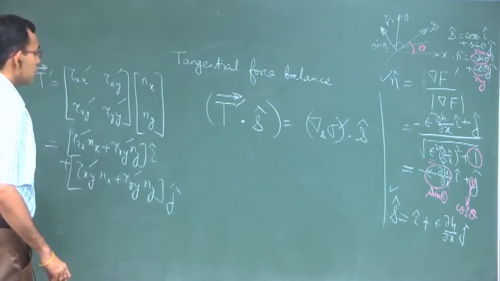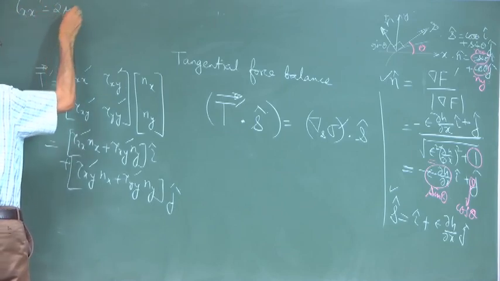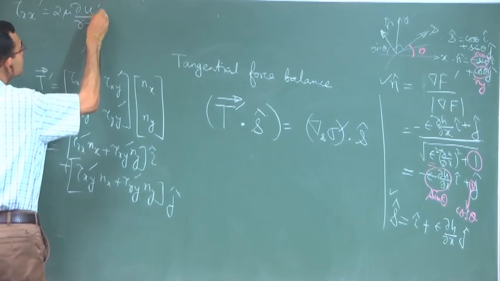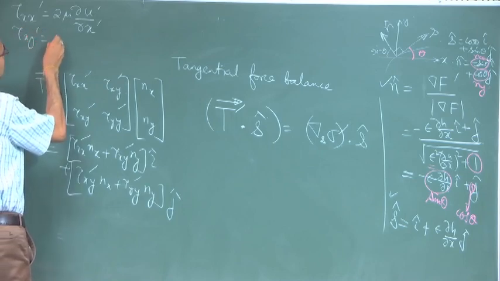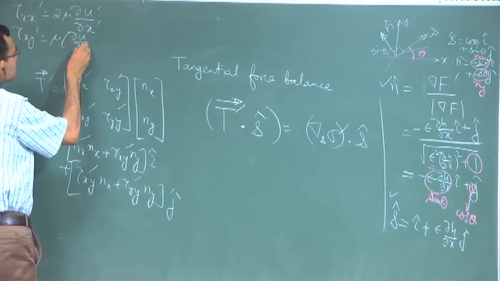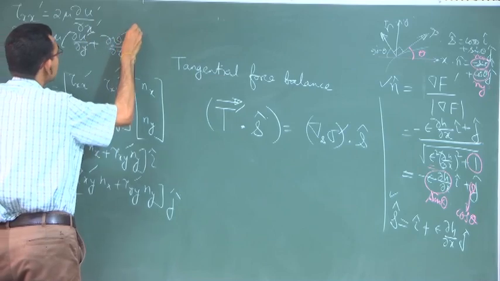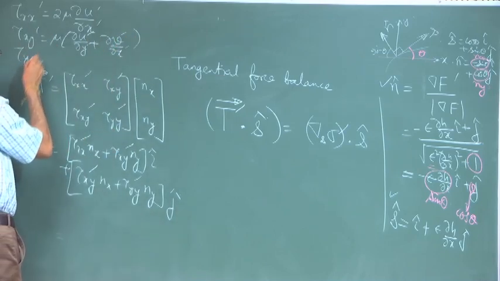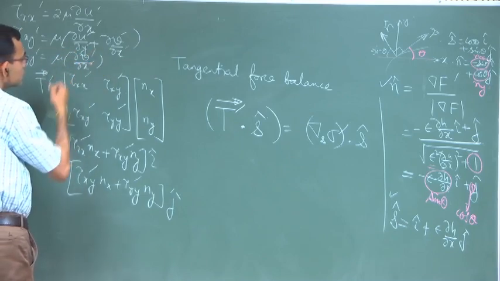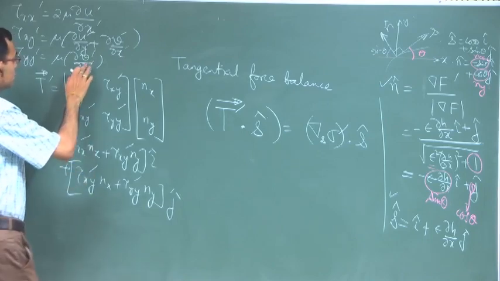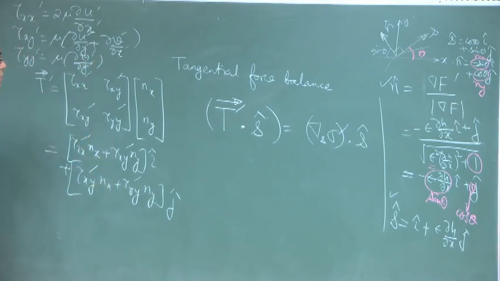So, tau xx, 2 mu, this one, tau xy and tau yy, okay.